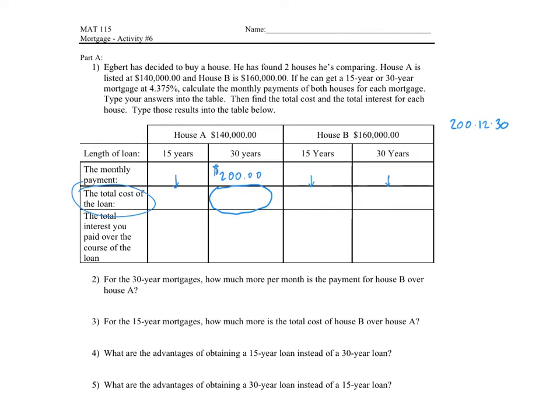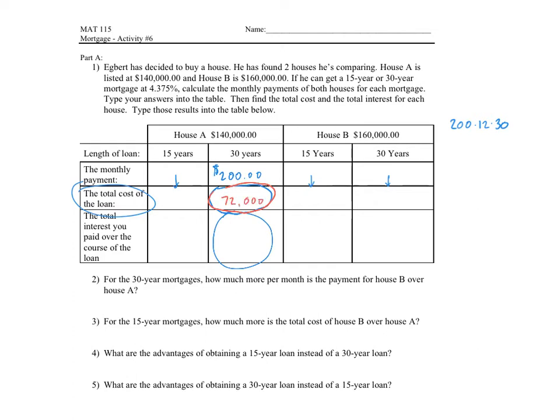And then the bottom one here is the total interest you paid over the course of the loan. Let's see what mine would be. Let me grab my calculator. $200 times 12 times 30 years is $72,000.